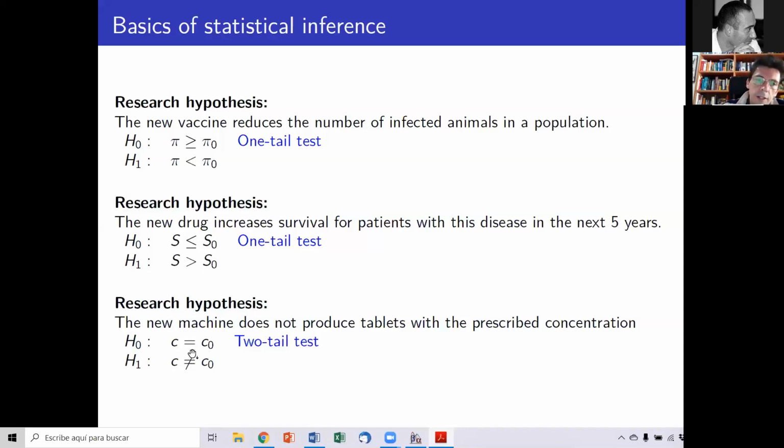So if the concentration of the tablets is lower or higher than the prescribed concentration, then I should recalibrate the machine. Now I'm interested in changes in both directions. Either it is lower or it is higher, but I want to detect both situations. So the nature of the alternative hypothesis determines whether you are doing a one-tail or a two-tail test.